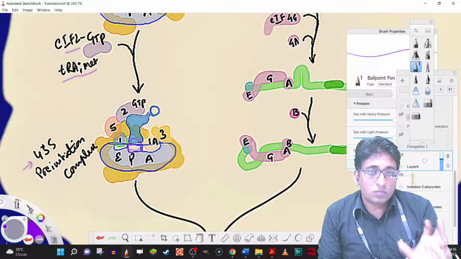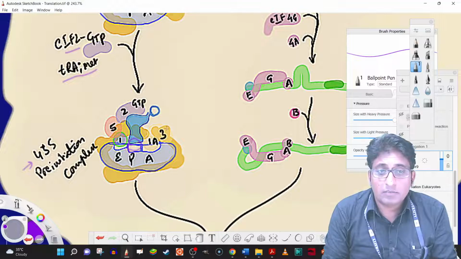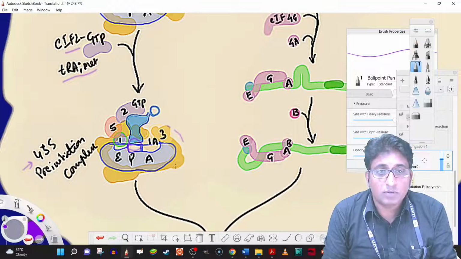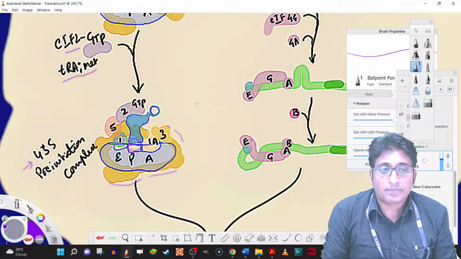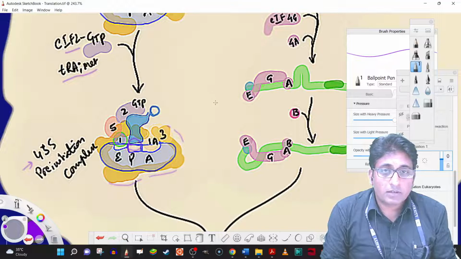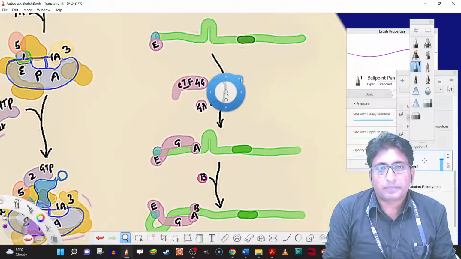It constitutes the small subunit. It has eIF3, which is a large factor, as you can see, and then we have 1, 1A, 5, 2, etc., and along with the initiation factors, the initiator tRNA.